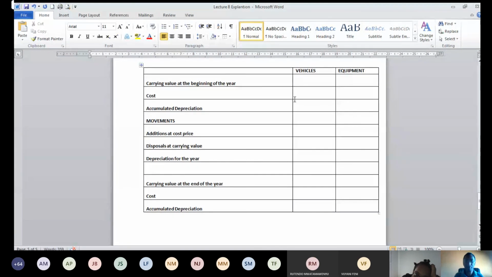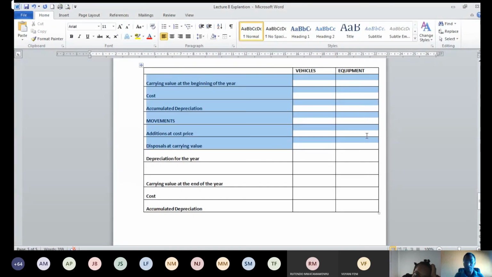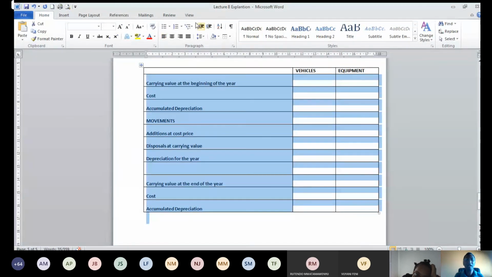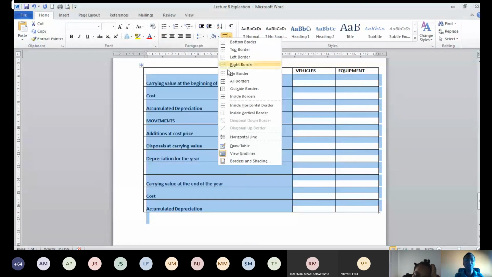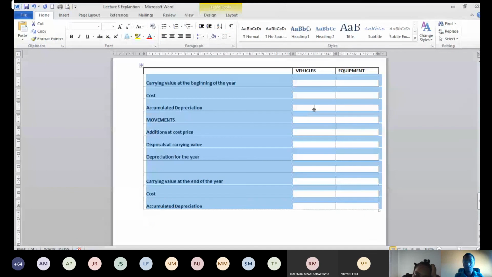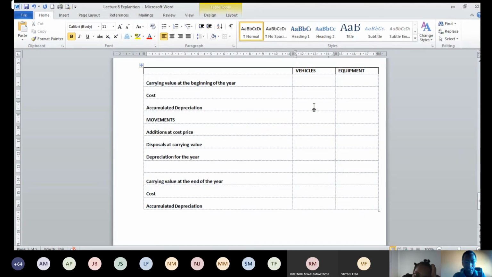So let us just go through this note, guys. You can check most of your last exams, and you will see that the note for property, plant, and equipment comes up 80% of the time. You must be able to do this note.